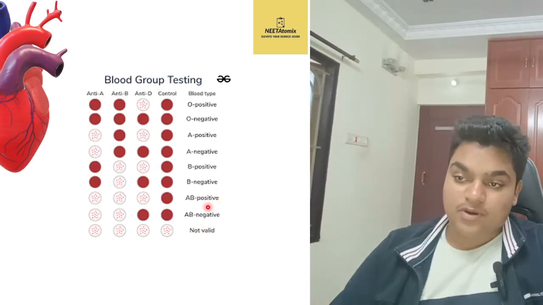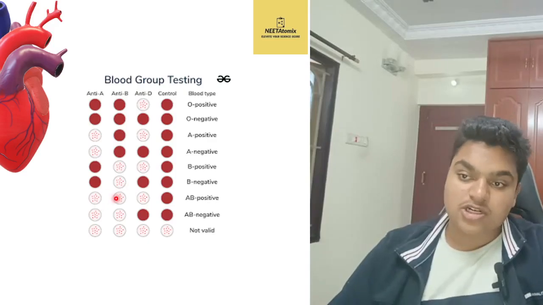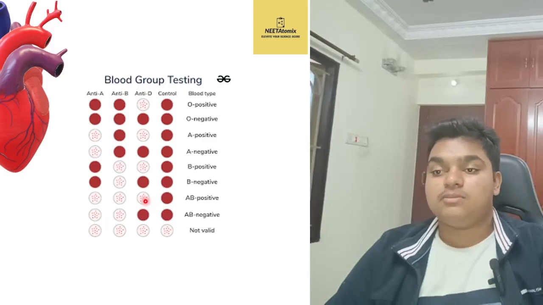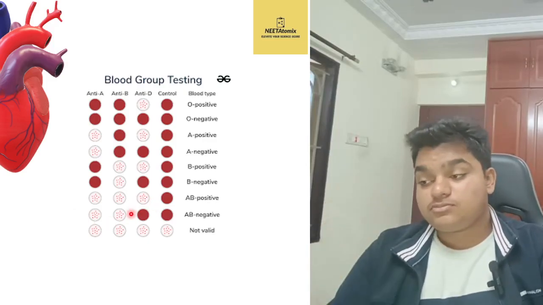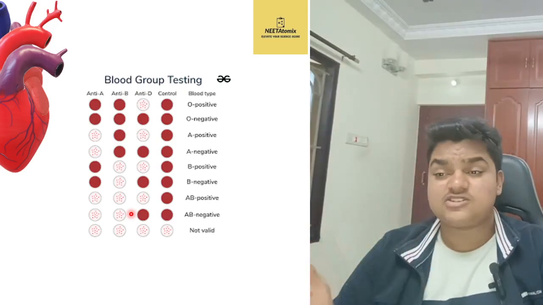Coming to AB positive and AB negative, you will get agglutination in both anti-sera A and B. If you are positive, you will get it in all three because you have all three antigens, that is your A, B, and Rh antigens present on the surface of the RBC.